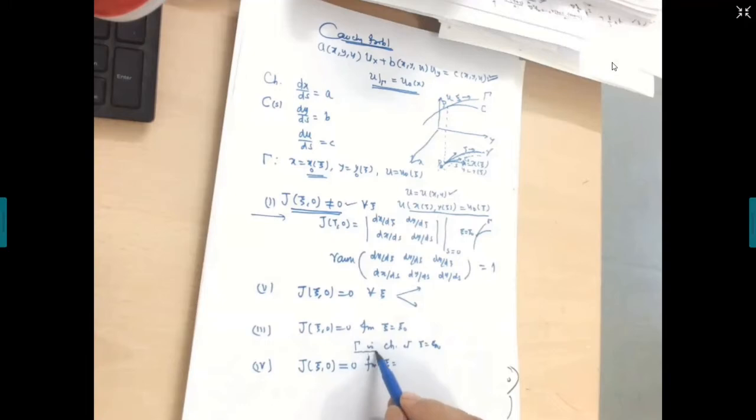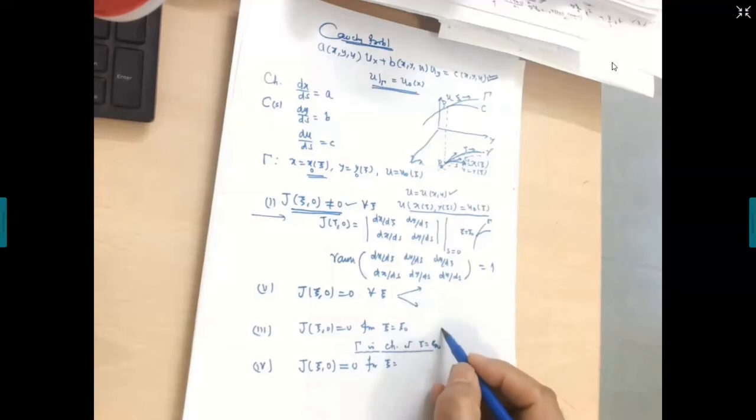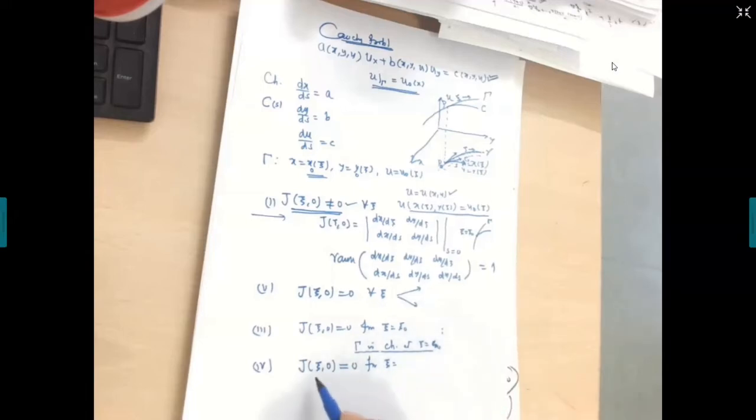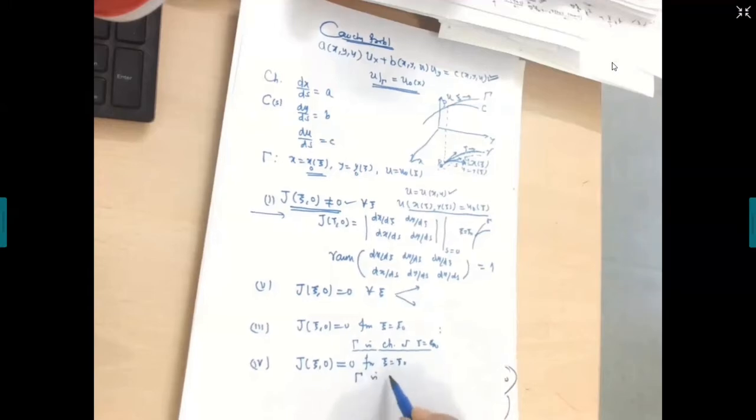That's all right. When I say that gamma is characteristic, it means the tangent to gamma coincides with the tangent to the characteristic. Is that right? So the rank condition holds. Again, think about it and tell me: what happens when J is equal to 0 for some xi naught, and this space curve gamma is not characteristic at xi equal to xi naught?